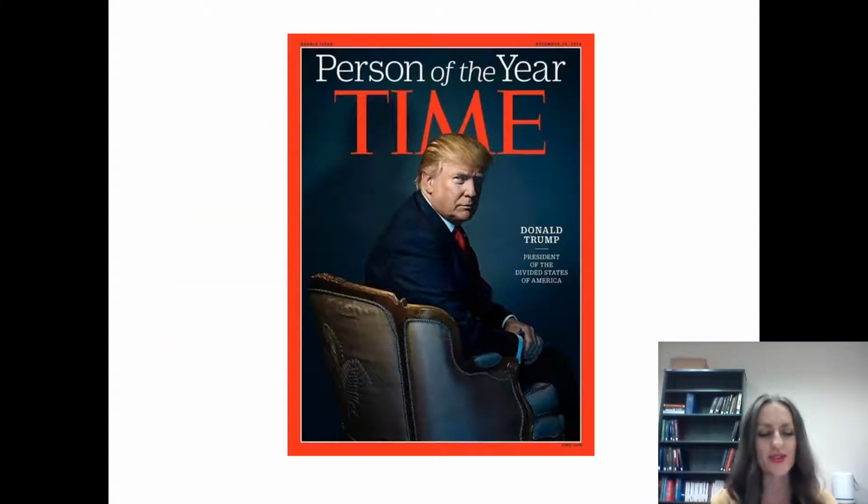All right, now let's practice doing a rhetorical analysis of an image together. This image is almost 4 years old now, but I still find it just a really fascinating image. This was Time Magazine's cover image of Trump in 2016 after the election when they named him Person of the Year. So let's think of the rhetorical situation and context of this picture.